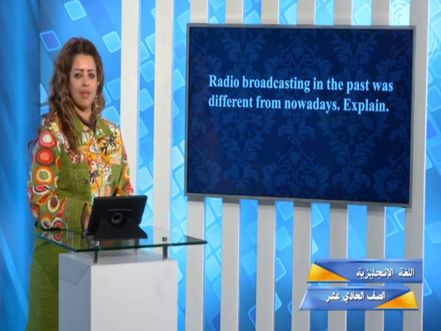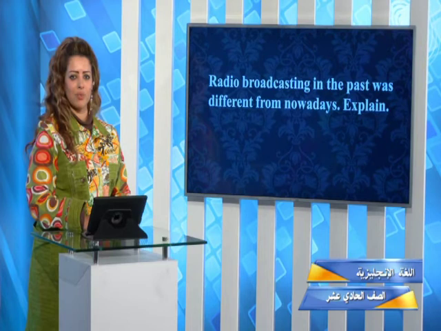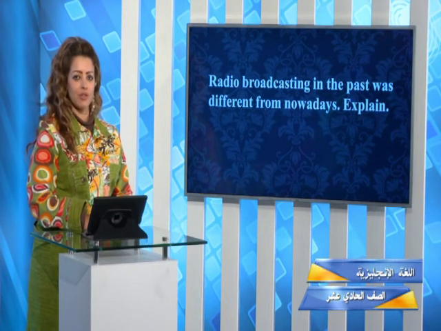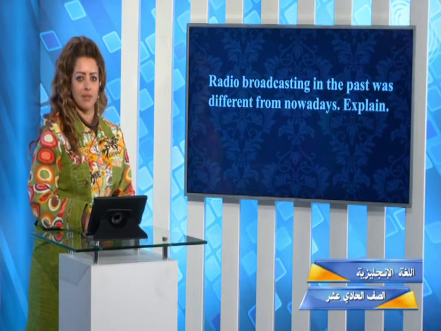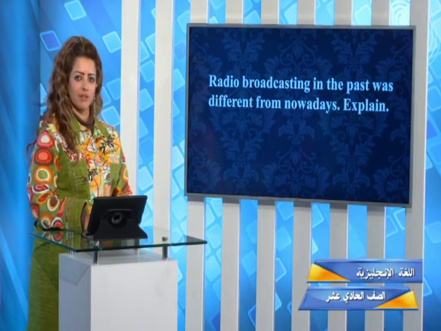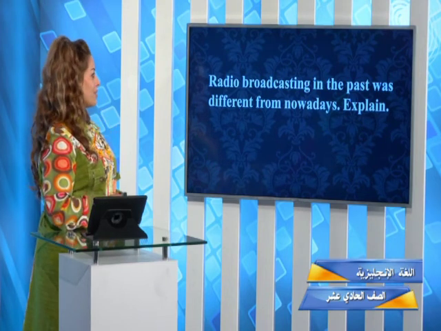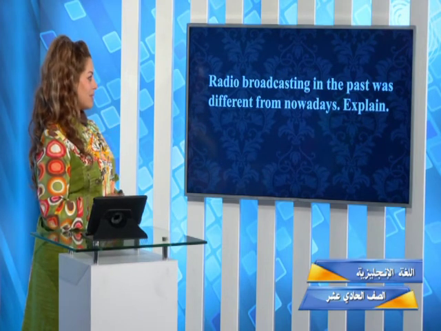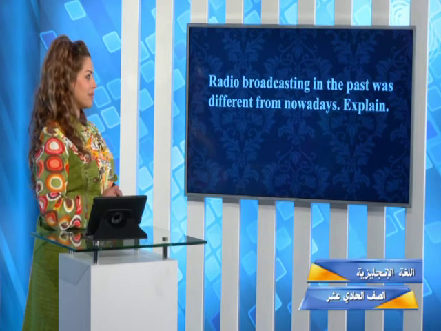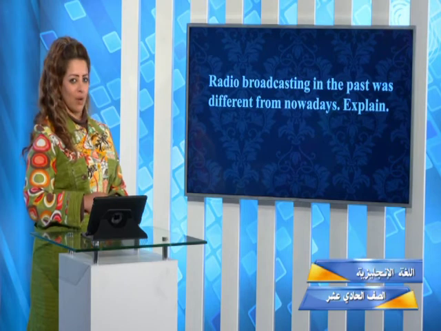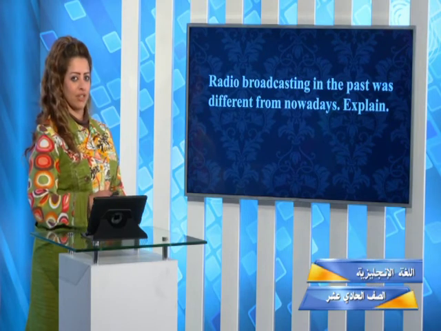Explain. In set book questions, when you want to answer, make sure to write in a full sentence. Do not write them in points. Radio broadcasting in the past was different from nowadays. Think about it.